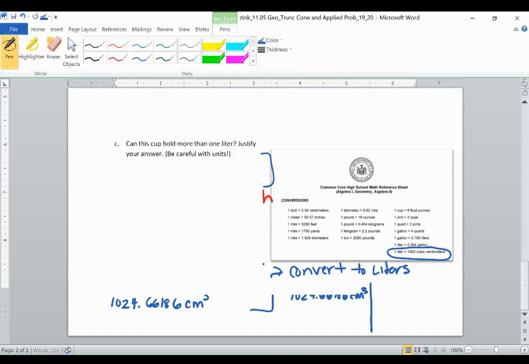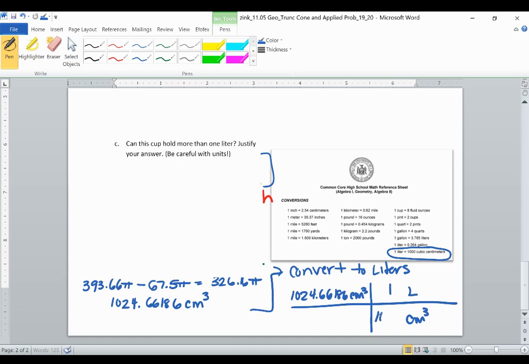I want to get my cubic centimeters to cancel out, so I'm going to put them in the bottom and liters in the top. I know 1 liter has 1,000 cubic centimeters, so I'm just going to take my answer and divide by 1,000. And that's really just like moving my decimal over 3 places. So I would get 1.0246686 liters, which is more than 1. So the answer is yes.